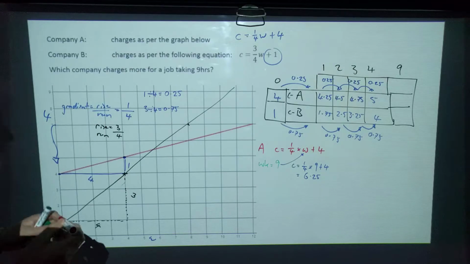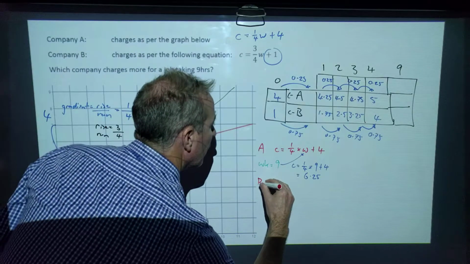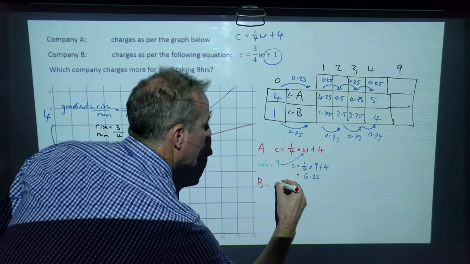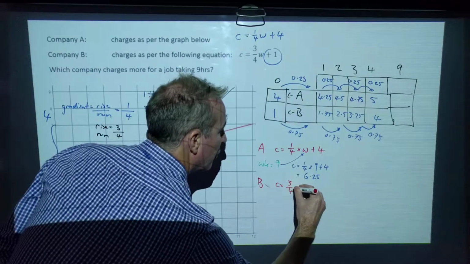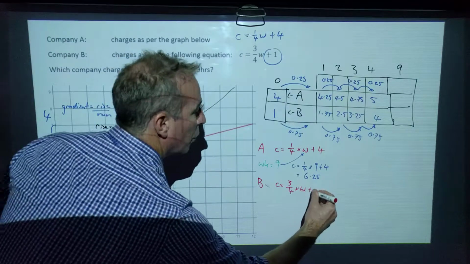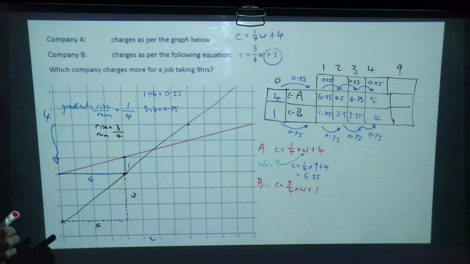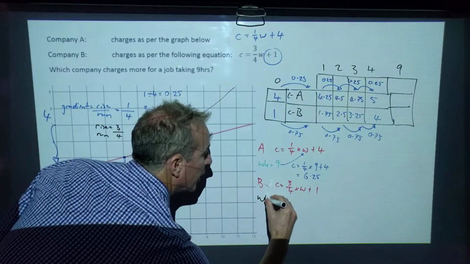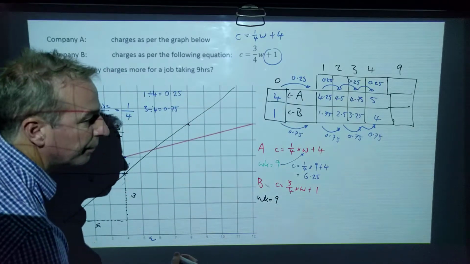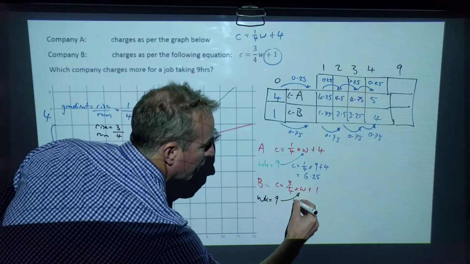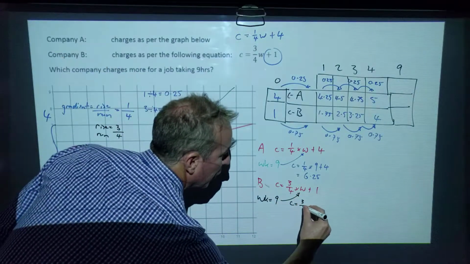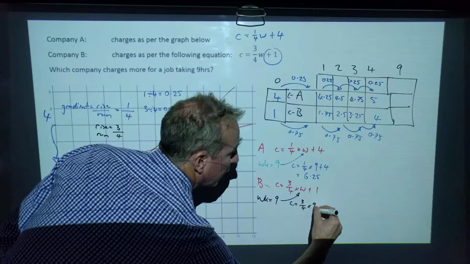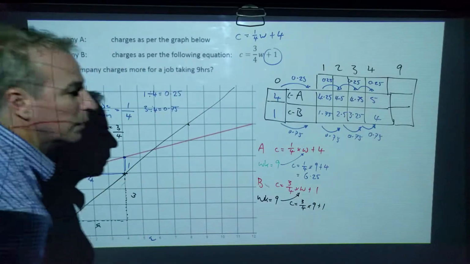If we look at company B, we know that the equation is C equals 3 over 4 times W plus 1. So again, we want to be able to work out what it costs in week 9. We put that 9 in there. So C is 3/4 times 9 plus 1.